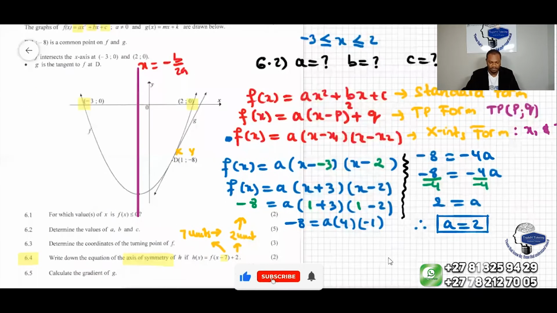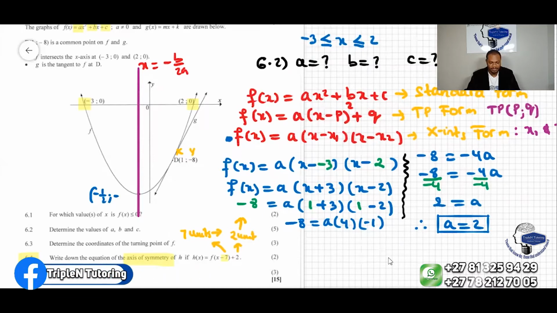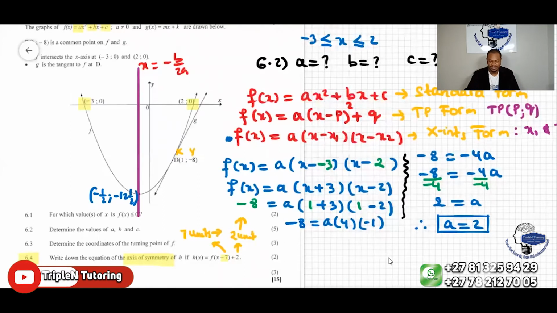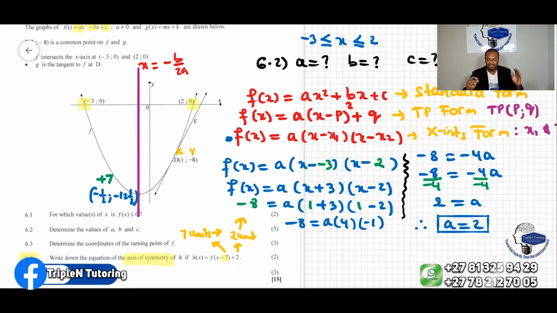So this turning point was -1/2 and -12.5. So it will be shifted. It's the x value that will be shifted 7 units to the right. So what we do, we just add 7 to -1/2, because the graph will be shifted 7 units to the right.